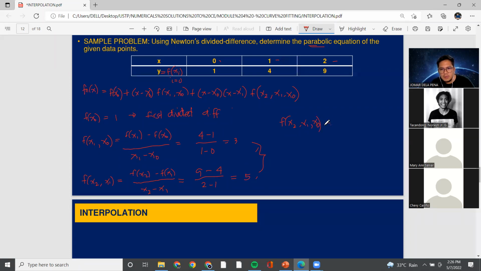Third divided difference is equal to, you have the function of x sub 2 and x sub 1 minus the function of x sub 1 and x sub 0 over x sub 2 minus x sub 0. Okay? Bantayan niyo, no, sa pattern niya.